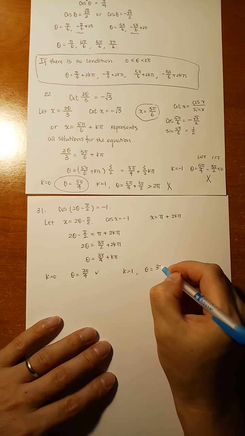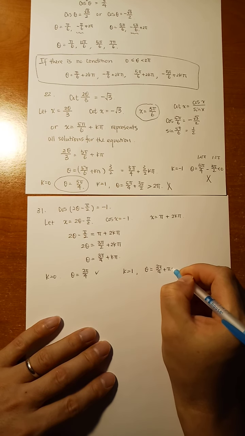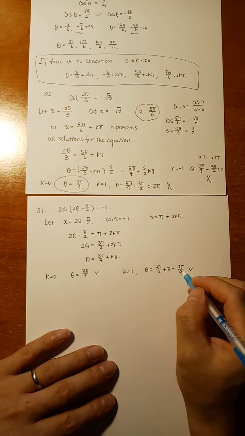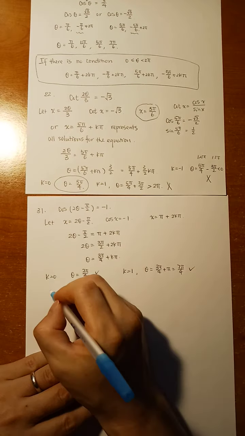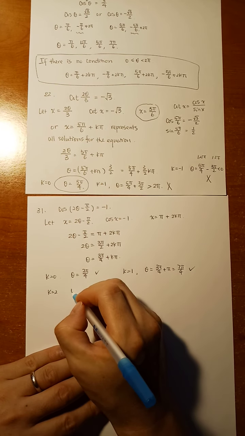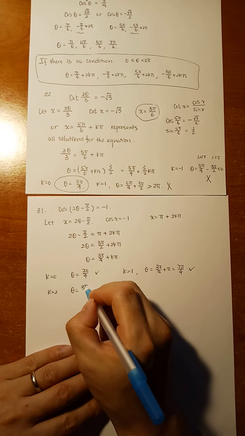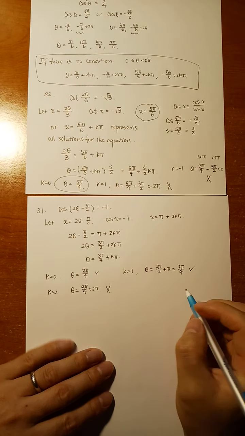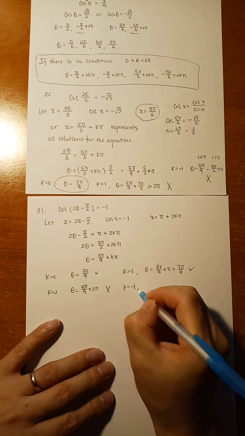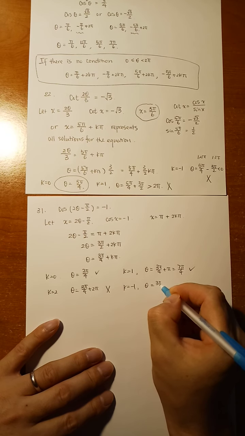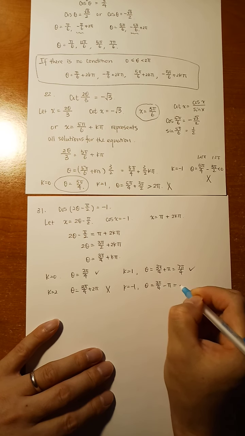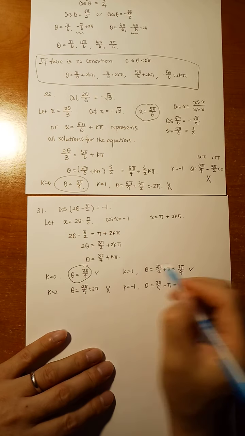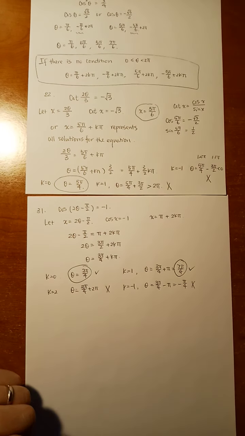Theta is 3 pi over 4 plus pi, 7 pi over 4. It's still good. It's less than 2 pi. And k is equal to 2. Theta is 3 pi over 4 plus 2 pi. It's bigger. It's bad. And k is equal to -1. Theta is 3 pi over 4 minus pi, negative pi over 4. It's bad. So you have two solutions.